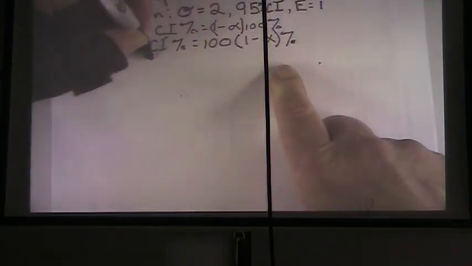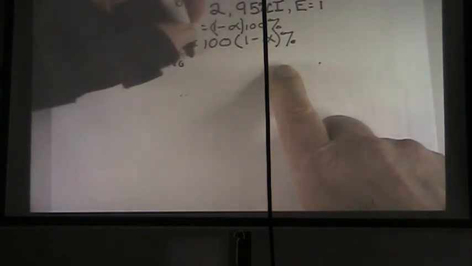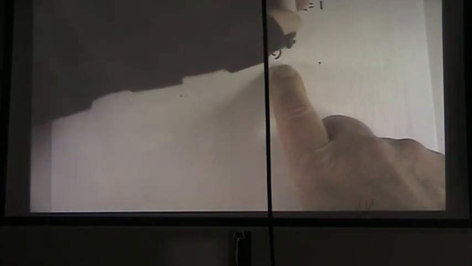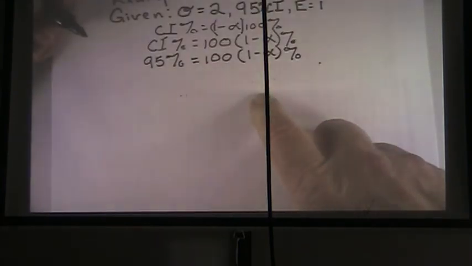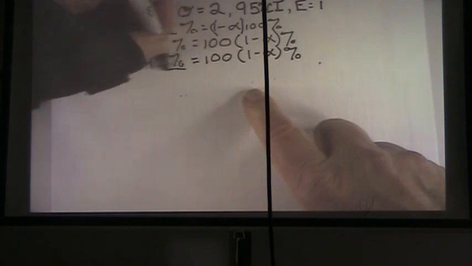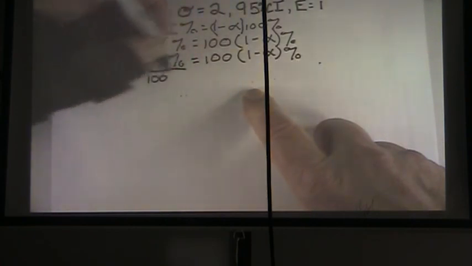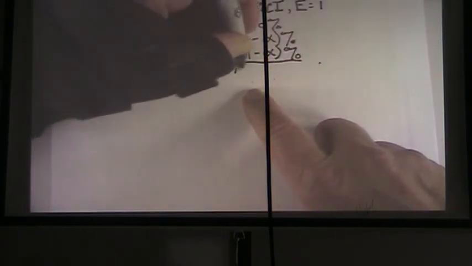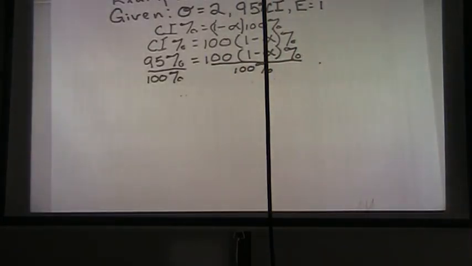So I substitute in 95% equals 100 times the quantity 1 minus alpha percent. I divide both sides by 100%. Right? Because when we have an equation, that means we have to keep things equal. What we do to one side, we have to do to the other.